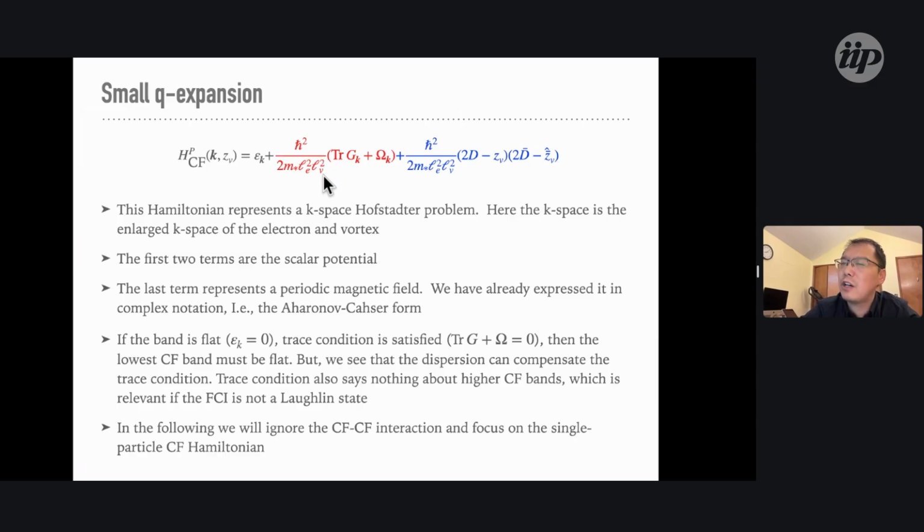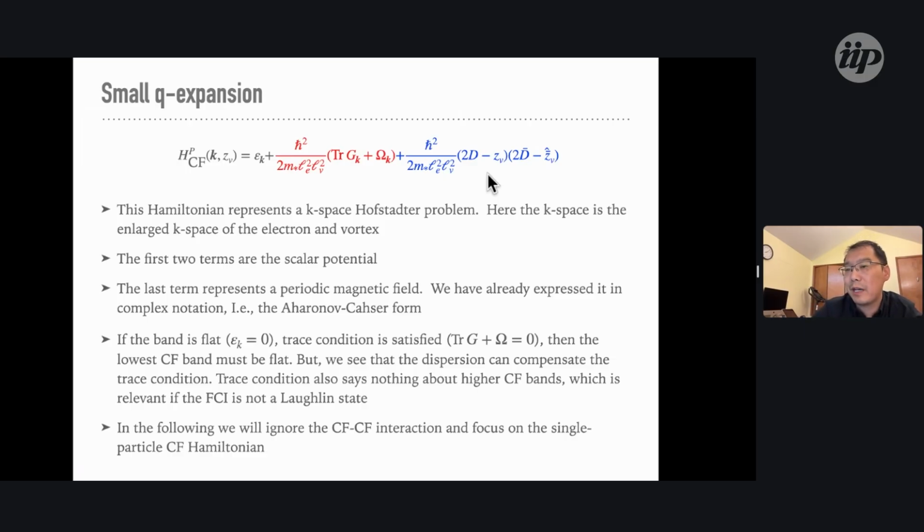So people say, oh, you really want to make your band flat, but you can see that if the trace condition doesn't hold, then there's a possibility that if you make a band a little bit dispersive, it could help to stabilize the fractional insulators. And secondly, even if the trace condition is satisfied and the band dispersion is 0, this kind of AC Hamiltonian only guarantees the flatness of the lowest band.